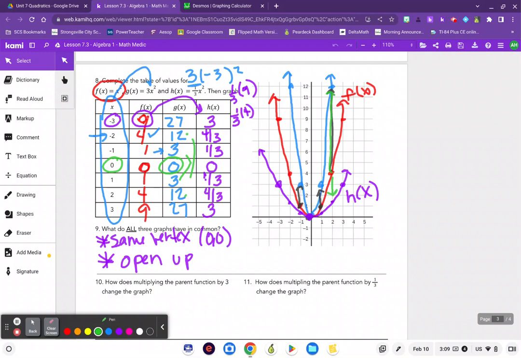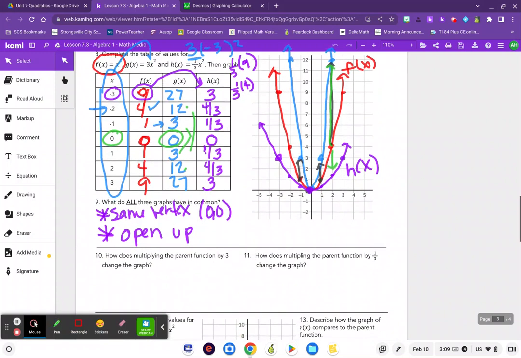And so 10 says, how does multiplying the parent function by 3 change the graph? Well, that's my red graph to my blue graph. So to me, my graph looks skinnier, more narrow. And it looks like my graph is being pulled upward.